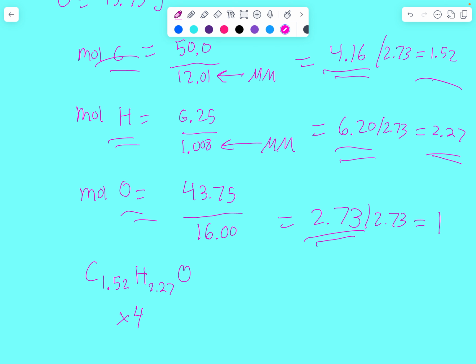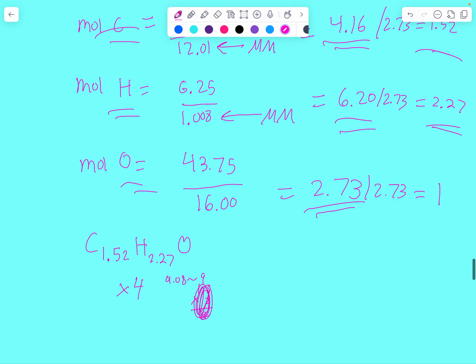Well, I know 1.5 times 4 would be 6. Okay, I had to do a little math there. So 6.0 specifically. And if I did 2.27 times 4, I would get like 9.08, which is roughly 9. So guess what? That'll do.